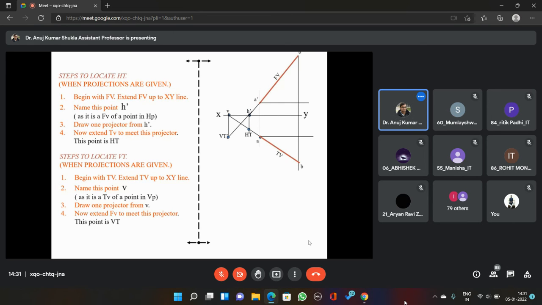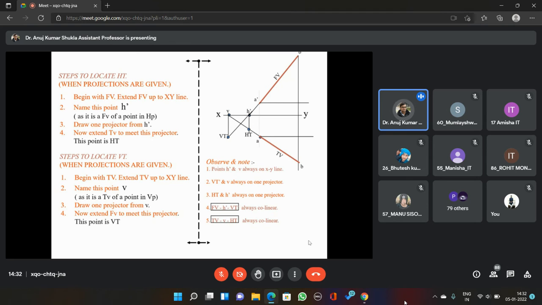Get it? Yes, sir. Maybe there is a voluminous amount of material put on a single slide, but once you practice, you will get to know everything. It's like geometric mathematics you have read.